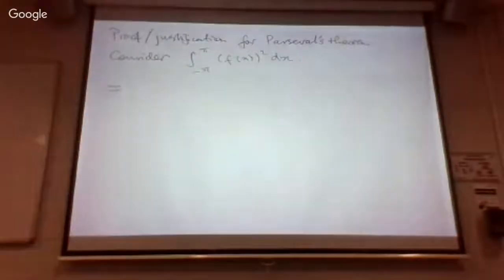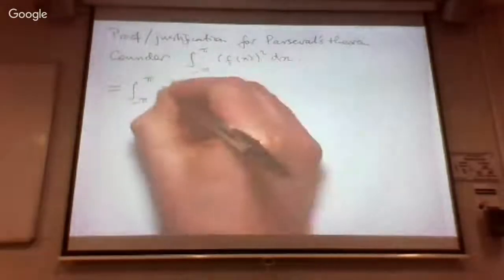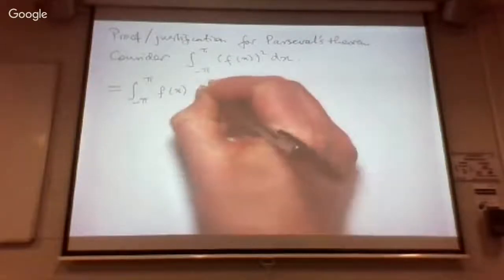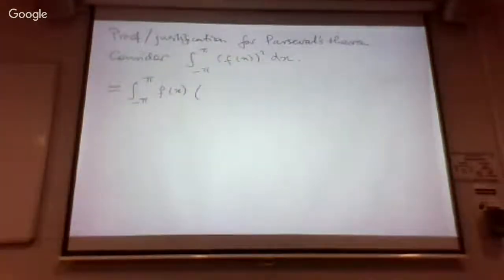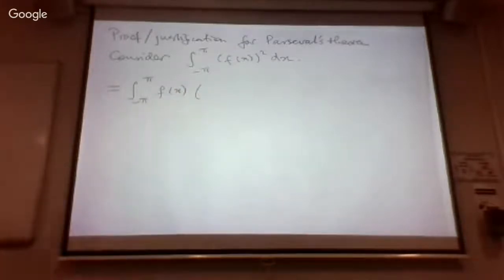Okay, so we're just going to consider this integral fairly directly, but using a similar approach to the one we used for establishing the Fourier coefficients. See, this is the square of f of x. One of the f's I'm going to leave alone as f of x itself, but the other factor of f of x that's multiplying it to give the square, I'm going to think of as the Fourier series for the function.